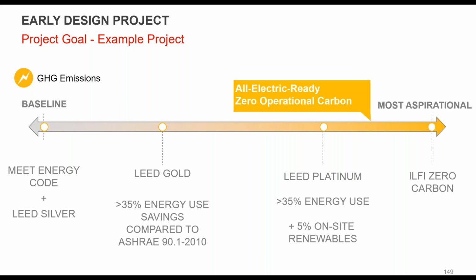LEED Platinum, greater than 35% again, plus on-site renewables, really pushing the boundaries, plus a lot of other features for those of you who use LEED. And of course, most aspirational would be if we go all the way to the zero carbon standard and look at how far we can get with that.